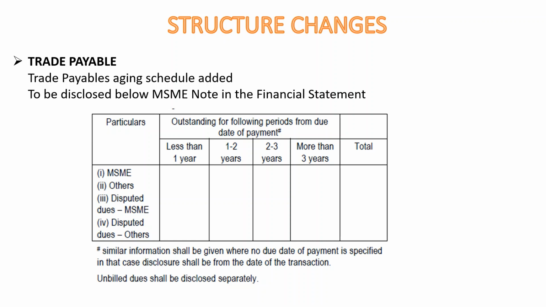Ageing should be from the due date, and if it is a creditor with no due date, then from the transaction date. For the unbilled dues, that is accruals, ageing is not needed, but it should be disclosed separately under the unbilled dues and not due subhead, so that trade payable as per balance sheet matches with the ageing schedule.